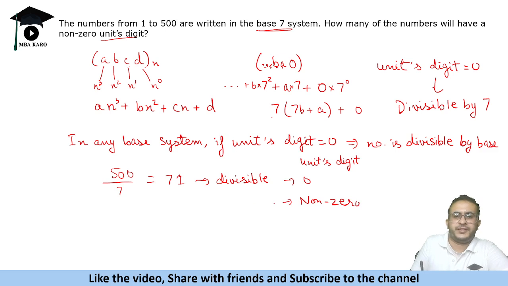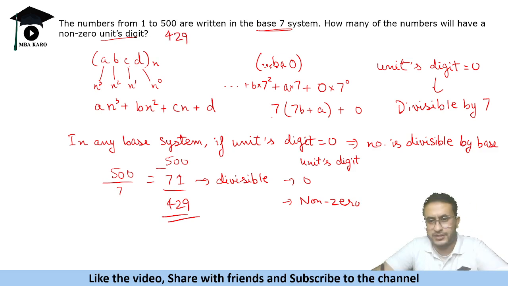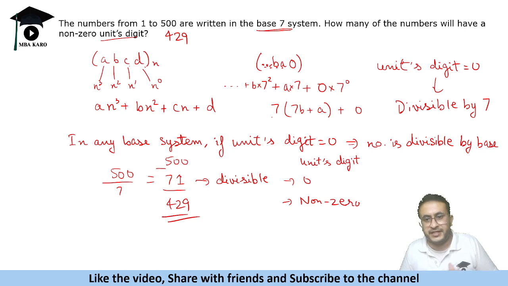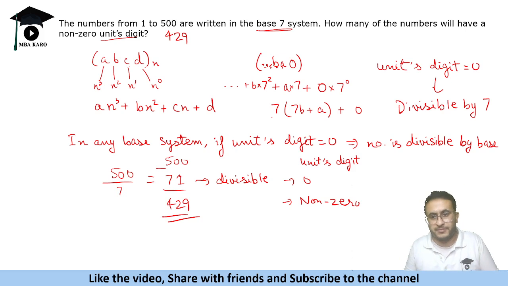Non-zero, how many will there be? 500 minus 71, that is 429 numbers will have non-zero units digit. So the logic here is if the units digit is 0, the number is divisible by that base. If it is non-zero, the number is not divisible by the base. So we will get 429 such numbers.